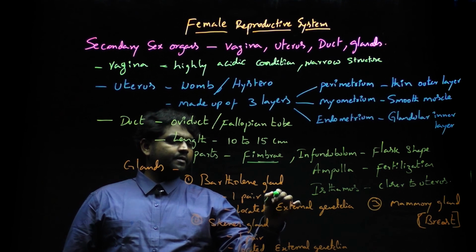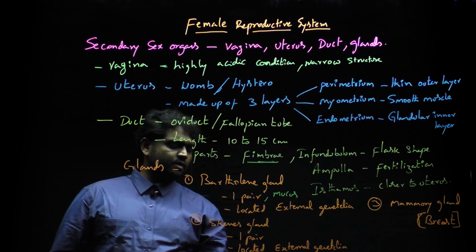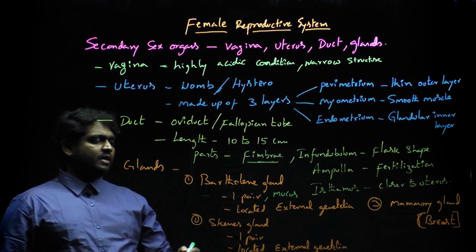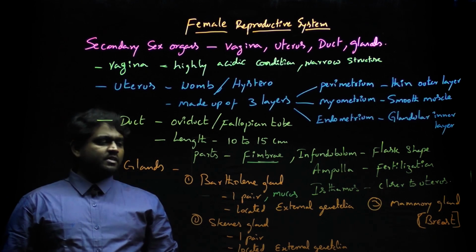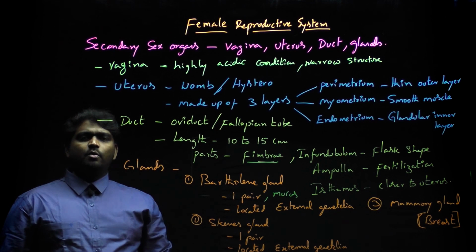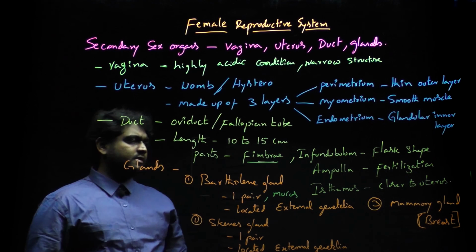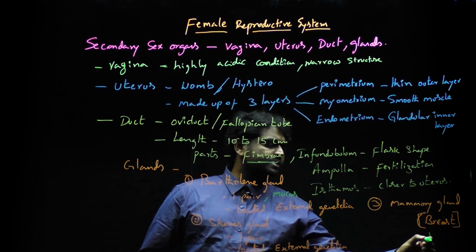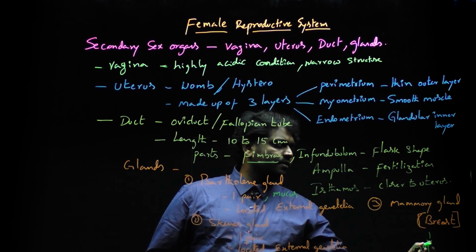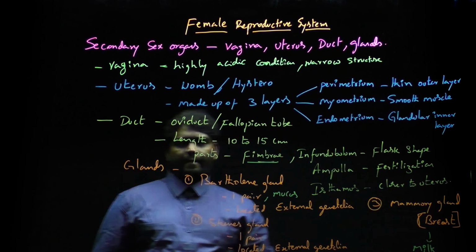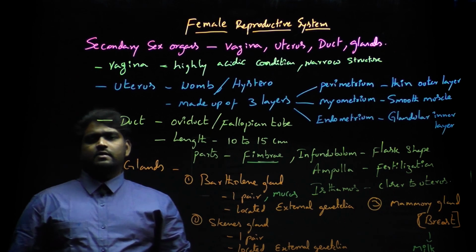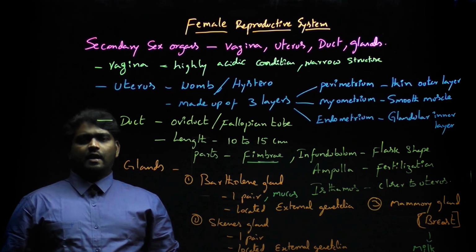Mainly these 2 glands' function is frictionless movement, that means they act as lubricants. Next, the mammary gland, commonly the breast, secretes milk to feed the baby. We'll discuss these glands in the next slides.